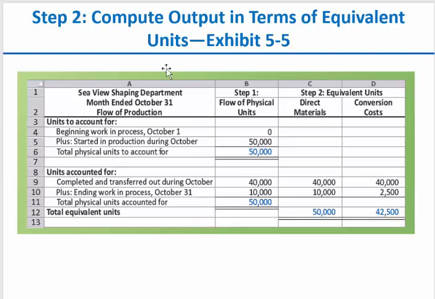The idea of equivalent units is very brilliant, because when you work on whatever number of units in your factory, you can never guarantee that you can always manufacture them, complete them and transfer them out. Very often you have some unfinished units in your inventory.